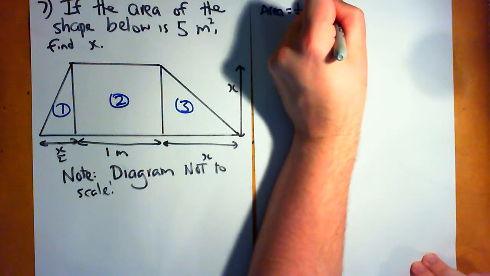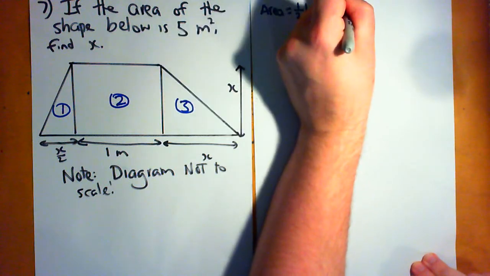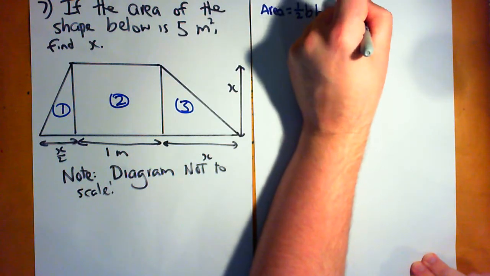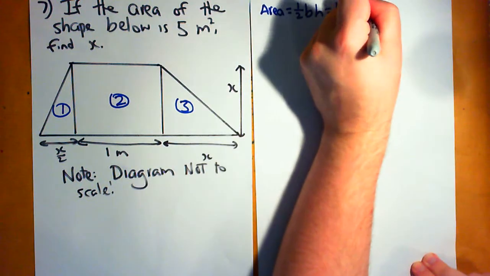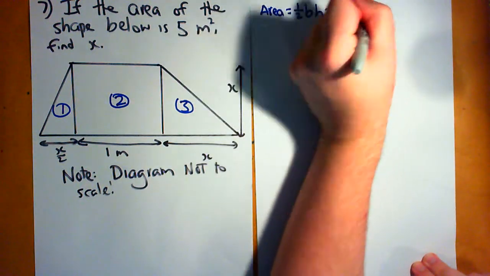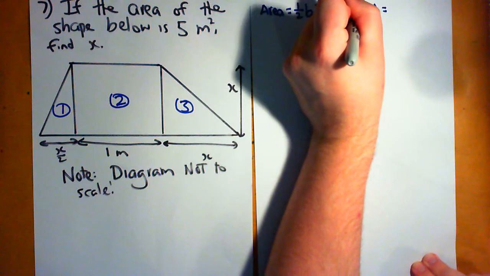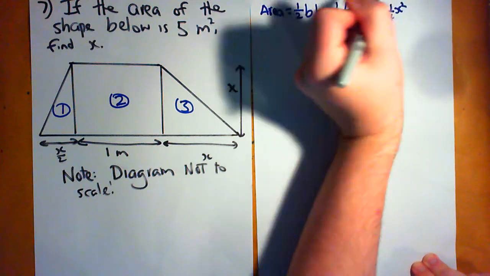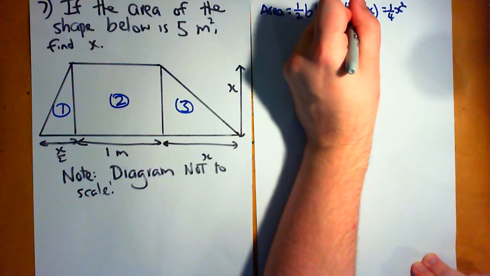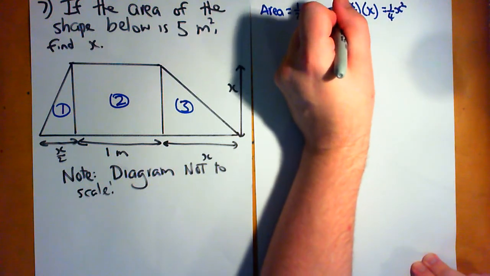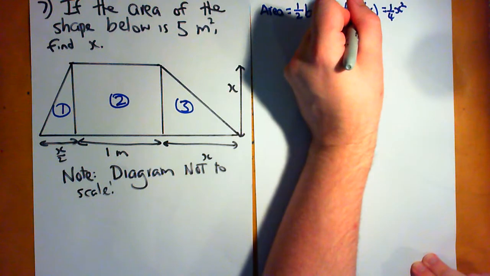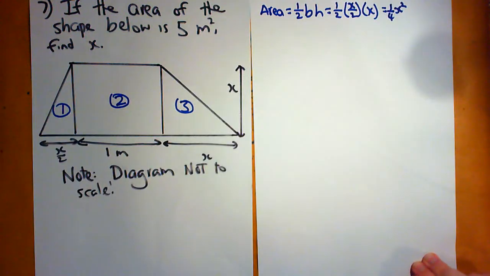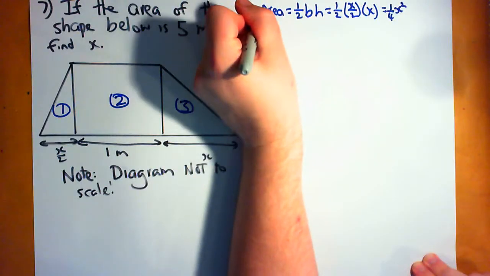So it's half times the base, x over 2, and the height is x. If we multiply this out, we get x squared times a quarter, because a half times x over 2 is a half of x, half of half is a quarter, and x times x is x squared. So that's for shape 1.